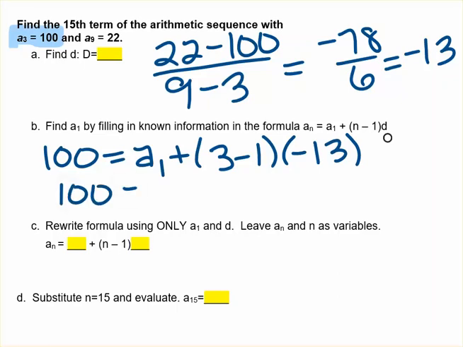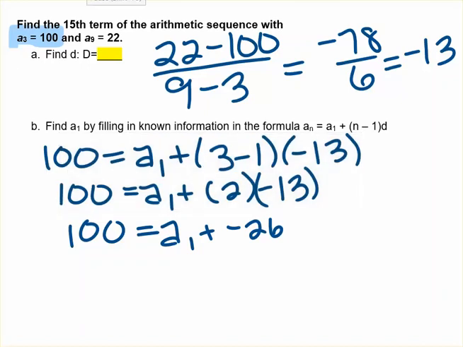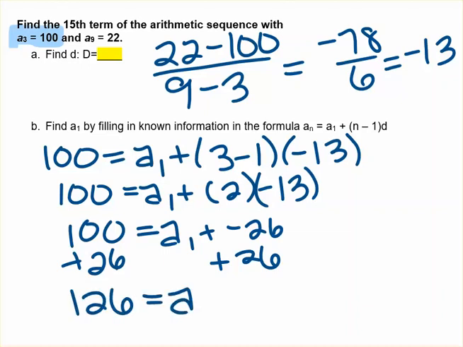So 100 equals a sub 1 plus 3 minus 1, which is 2, times negative 13. Well, that would give us negative 26. To get a sub 1 by itself, we're going to add 26 to each side. So 126 is going to equal a sub 1.